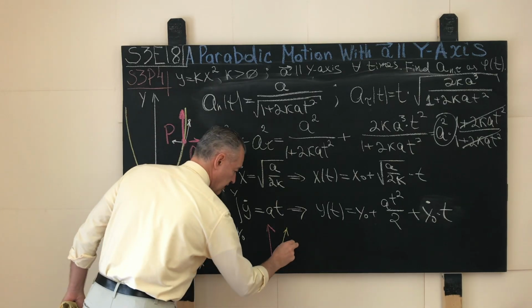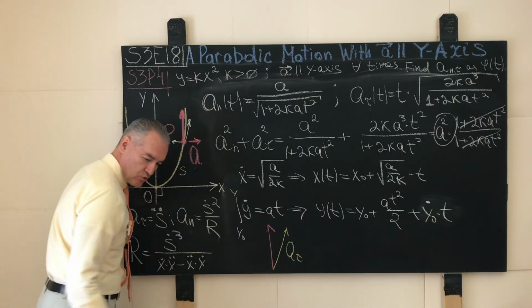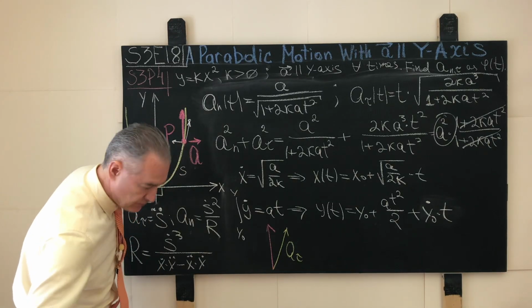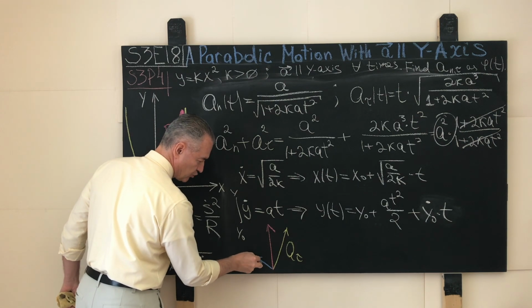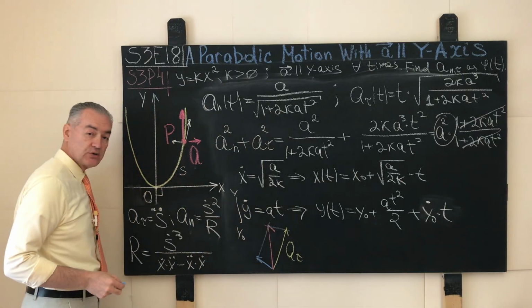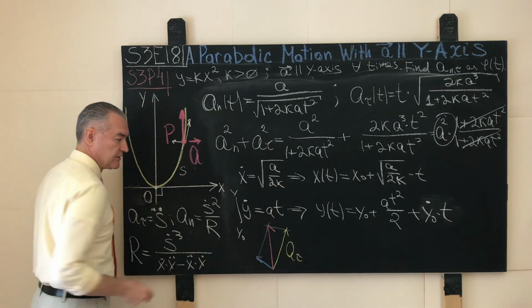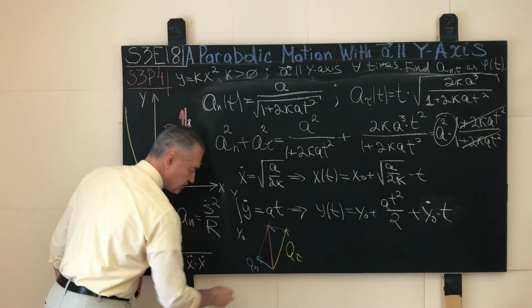This is the A tangential. And then the normal acceleration, we'll designate it with blue somehow. Let's pretend that this is the normal acceleration. And then the vector sum somehow balances out to come out to the red vector. So this will be your normal acceleration.